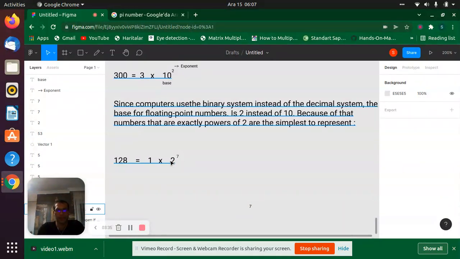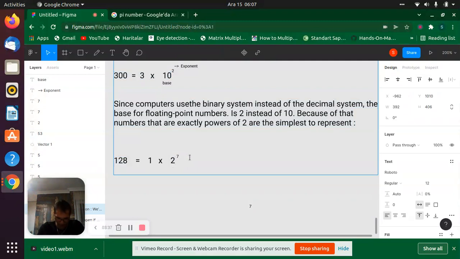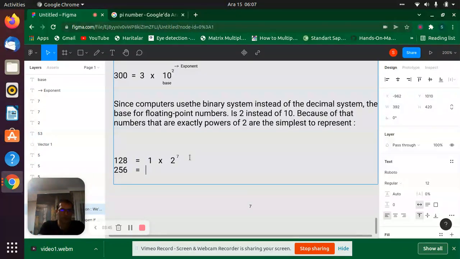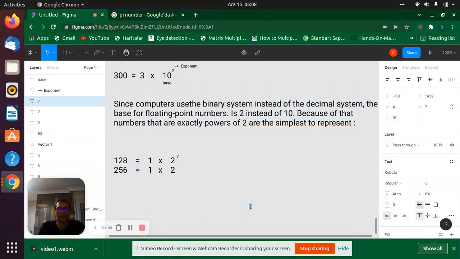And let's do another one here. 256. Okay, let's do it. It's one time 2, so 8 power of 2, right? Let's do 8 power of 2.